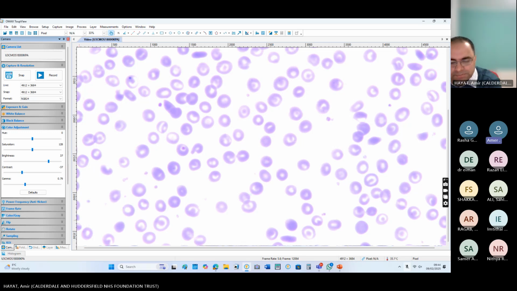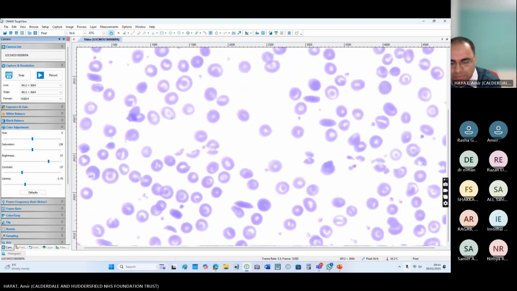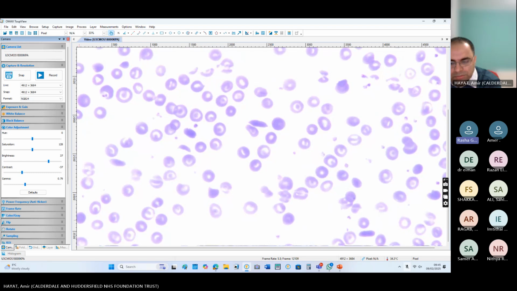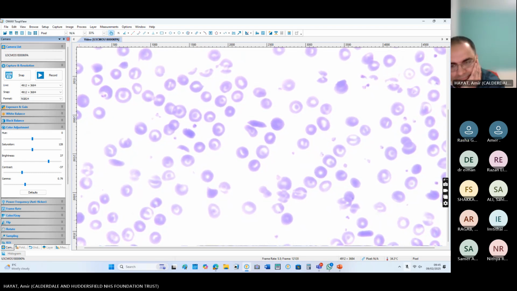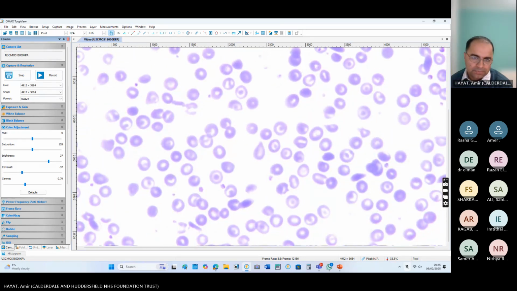It is the A naught that you have to consider. Sickle hemoglobin is 78%, there is some A in this patient as well, and you would have some F percentage as well.